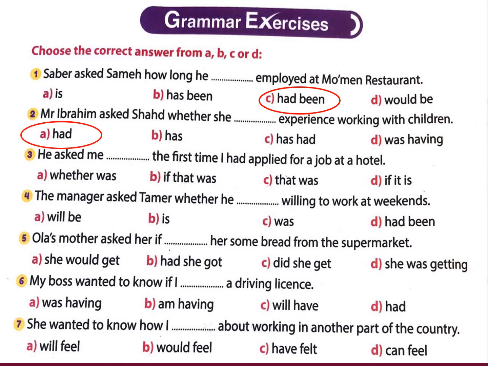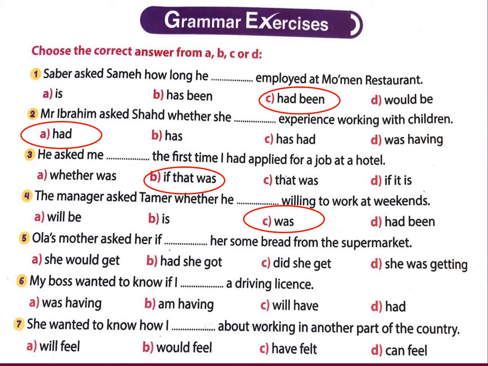Number 3. He asked me (blank) the first time I had applied for a job at a hotel. If that was. Number 4. The manager asked Tamer whether he (blank) willing to work at weekends. Whether he was. Very good. Number 5. Aula's mother asked her if she (blank) her some bread from the supermarket.